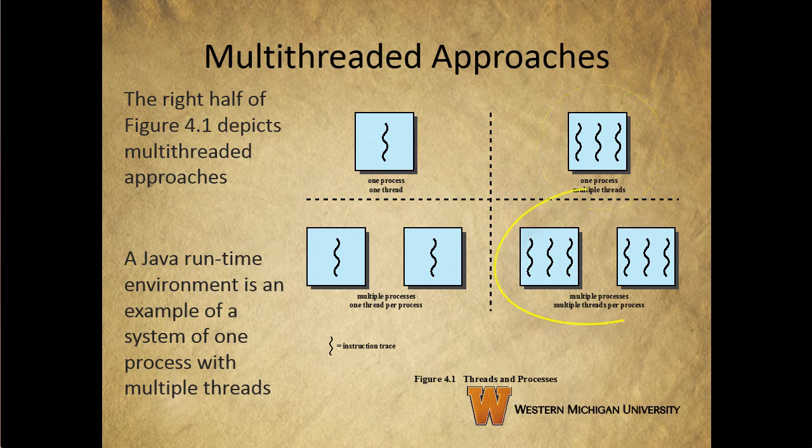Once again, if we have multiple processes, each of those multiple processes can have multiple threads of execution within each process. Now, in the next several slides, we'll talk about this more in detail and what we need to worry about when we actually include the idea of a thread in our operating system and what we need to do to manage those threads within the processes.